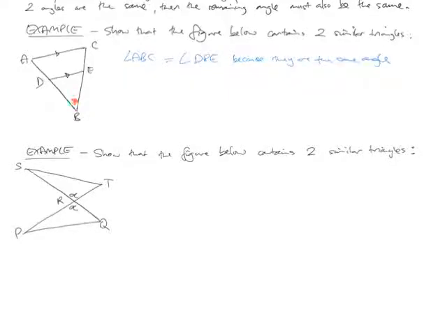That's the same angle in both of these triangles. That angle forms the bottom of this small triangle. It also forms the bottom of this larger triangle. So we've proved one angle is the same.